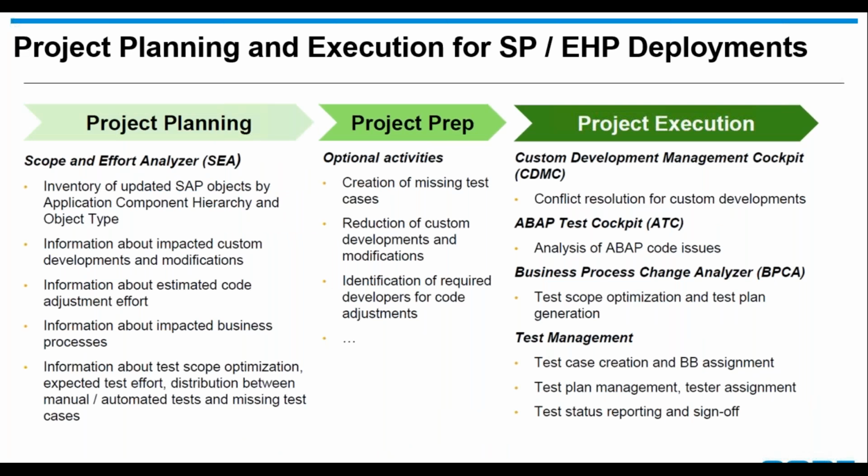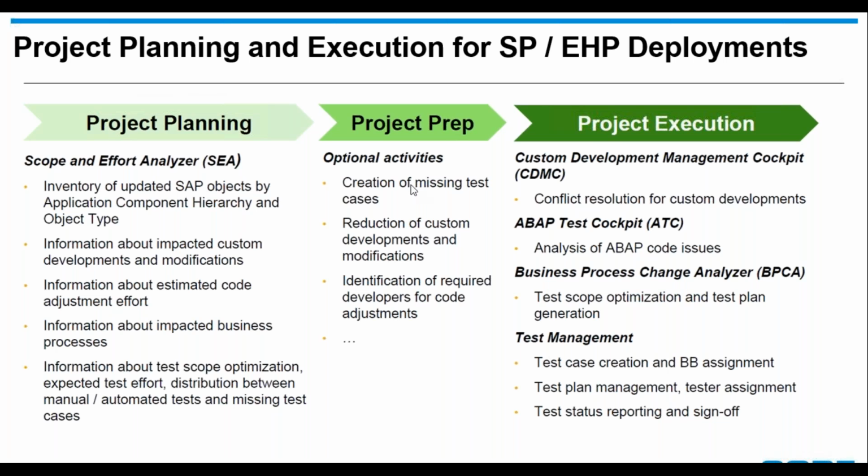All right, so here's the full process for Scope and Effort Analyzer. The project planning part inventories SAP objects, the component hierarchy, object types, and has information about estimated code. So we talked about that. It's test scope optimization, test effort distribution between manual and automated tests, and missing test cases.